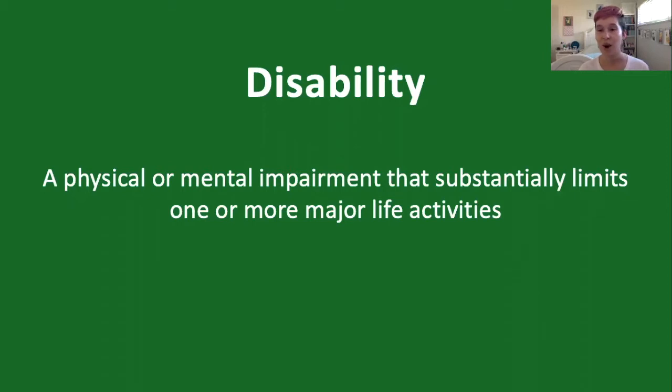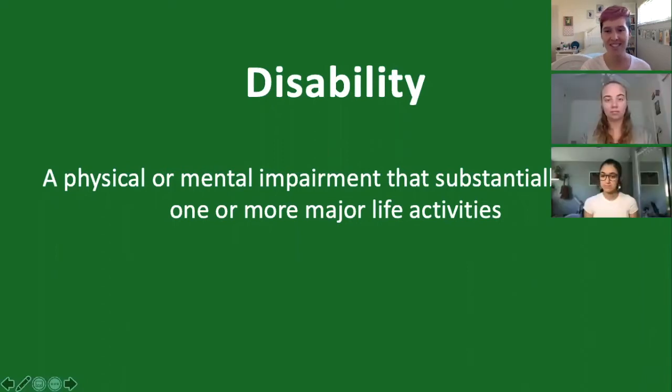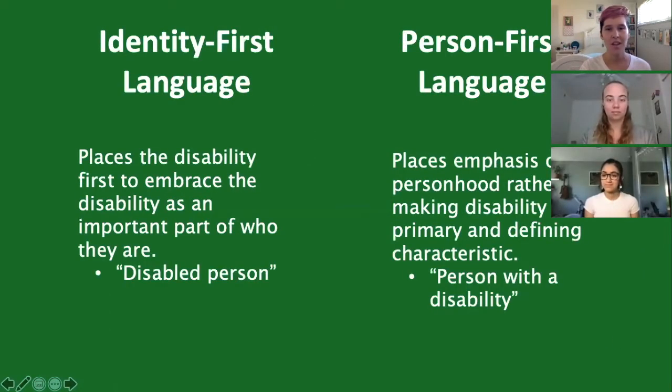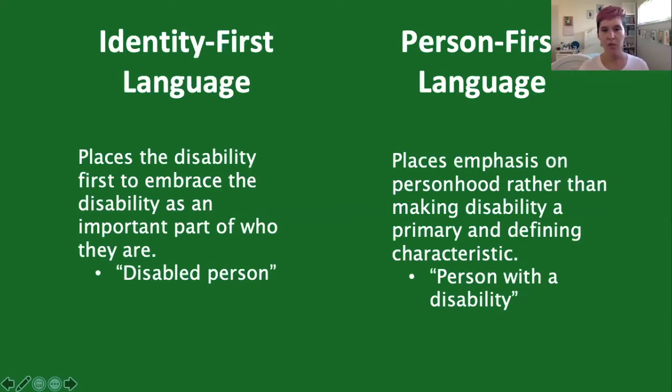As you can see, it's quite broad and it does span everything from like a chronic illness to something like a mental health condition, such as an anxiety disorder, and also covers everything from physical disabilities like people who use wheelchairs or are paraplegics, or people who might utilize even glasses or hearing aids. And we will be going deeper into what a disability is, but this is kind of just your basic definition to get you started.